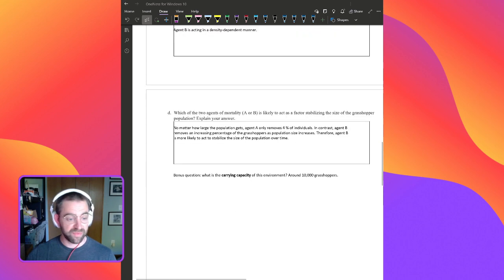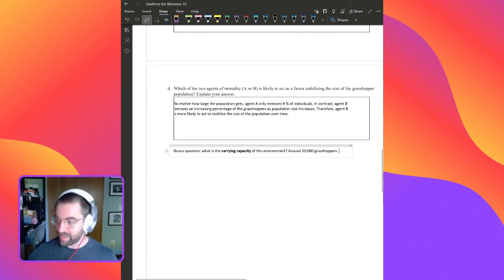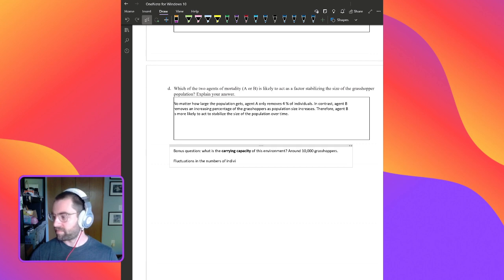You would also reasonably see a lot of variation year to year, or fluctuations in the numbers of individuals. This is called population dynamics.